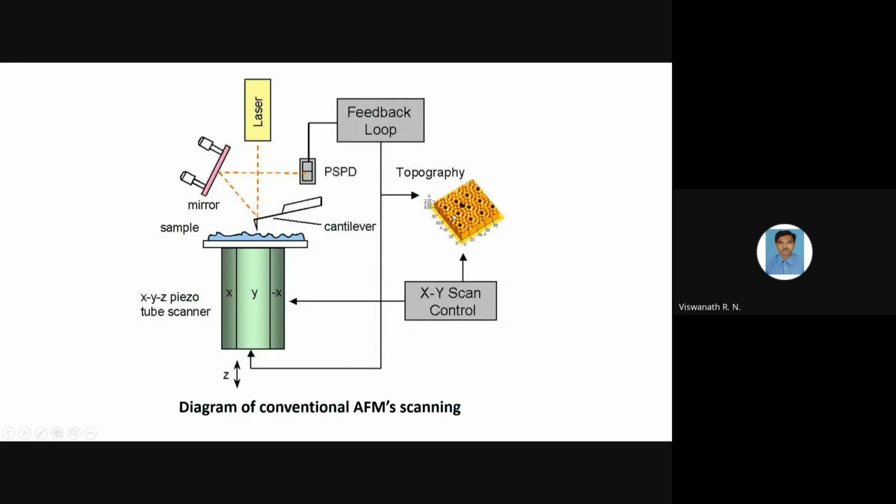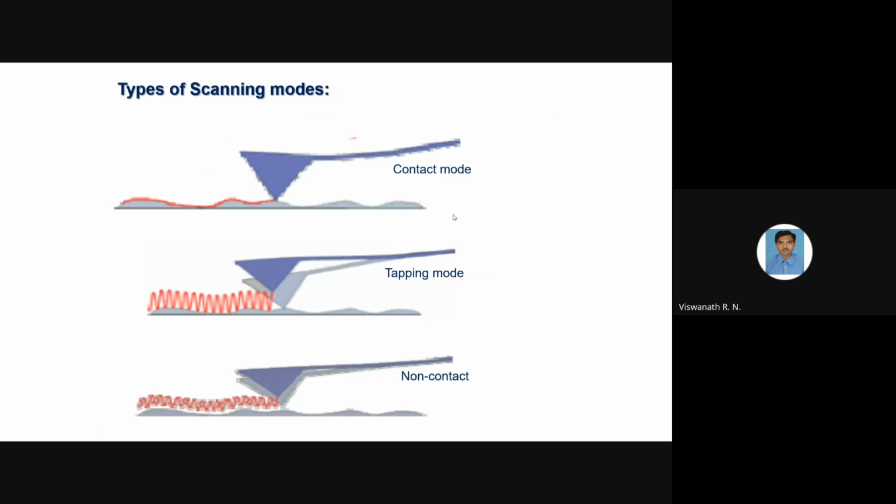This is again the schematic view, but there are different modes. The bottom is the sample. When it is a non-contact mode, it vibrates at its resonance frequency. I already told you in the last class about the oscillating frequency of quartz. Similarly, each material has its own resonance frequency, so it vibrates at its own resonance frequency.